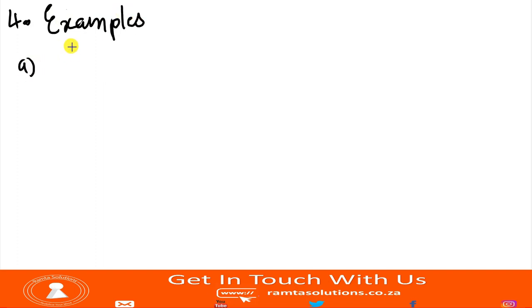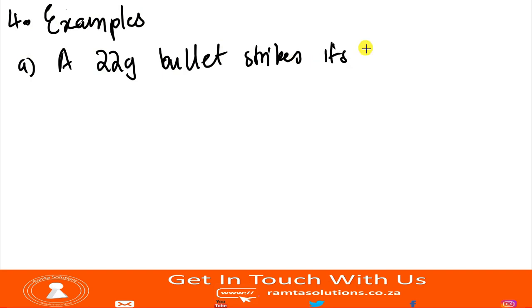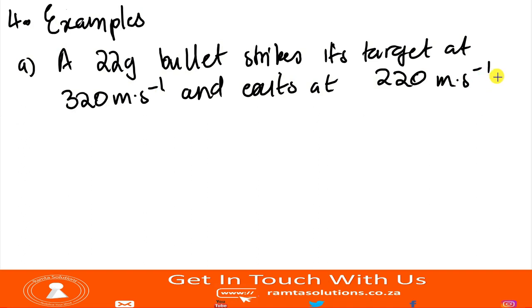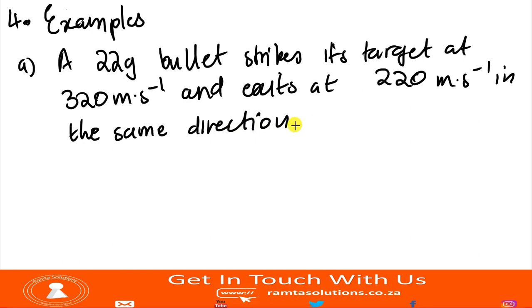Example A, I will say: a 22-gram bullet strikes its target at 320 meters per second and exits at 220 meters per second in the same direction.